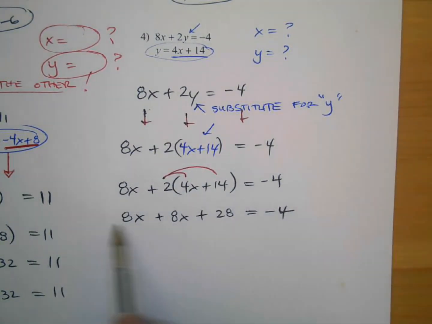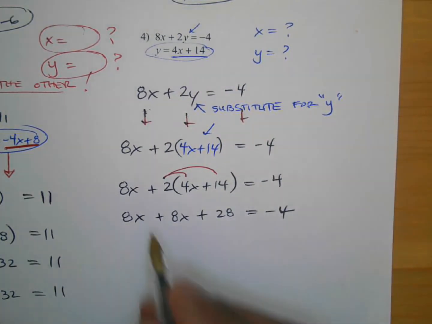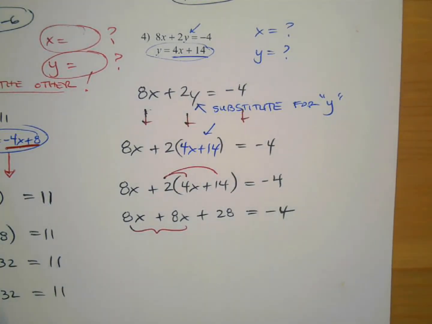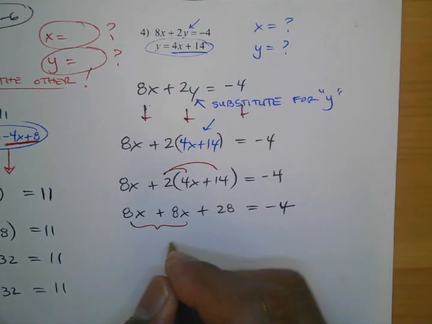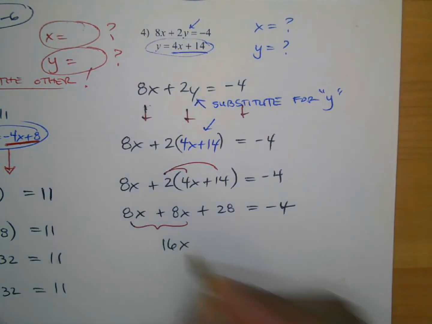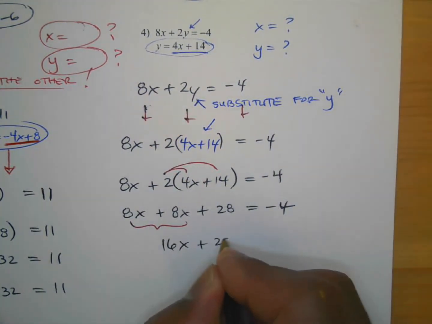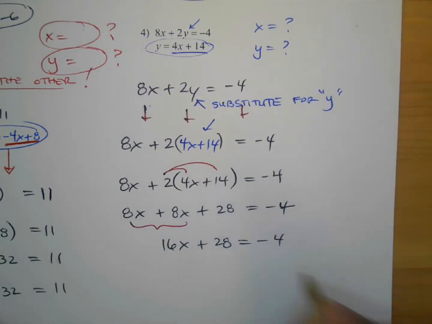All of this is on one side, so I can combine like terms. These are like terms, they're on the same side. So that's going to come out to be 8x plus 8x, 16x plus 28 equals -4.